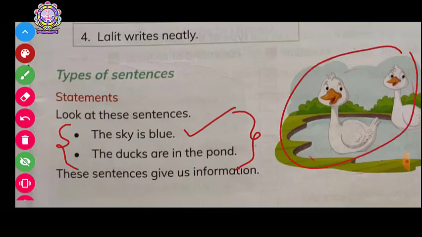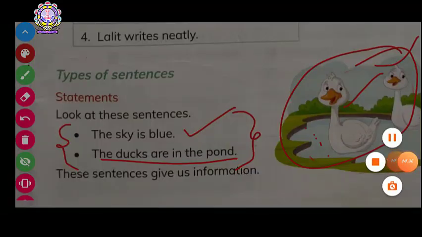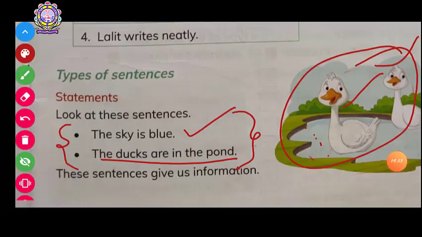Your second sentence is saying that the ducks are in the pond. As you can see, these two ducks are in the pond, and you know the sky is blue. So this is giving us information. So these are called statements.